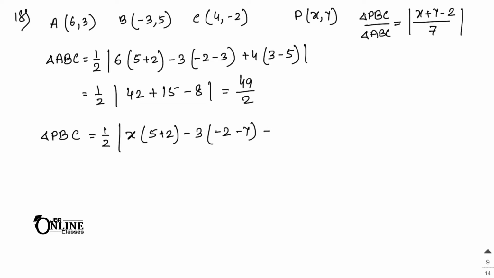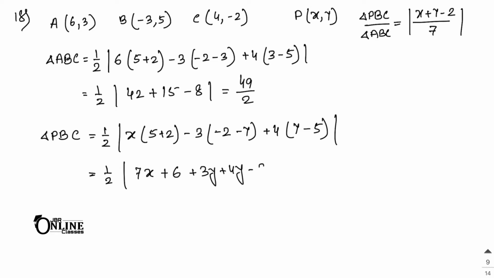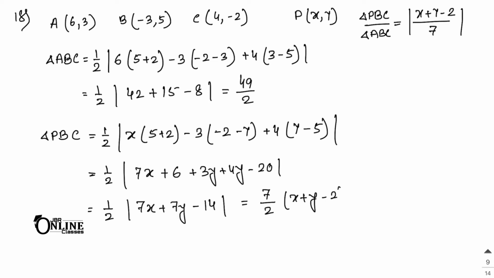Now here x3 is 4, and y1 means here y minus y2, which is 5. So here half, and here 7x, then plus 6, then 3y, then 4y minus 20. So that equals half, then here 7x plus 7y minus 14. Then if 7 is common, it becomes 7 by 2, and here you have x plus y minus 2.